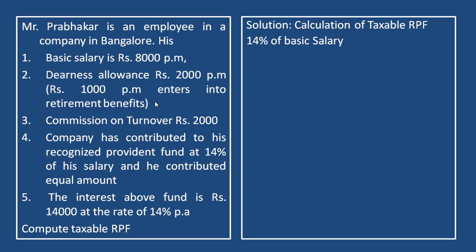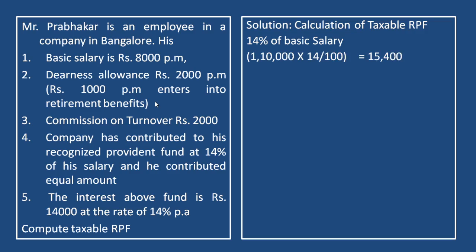Here, basic salary is 8,000 per month, for 12 months 96,000. Dearness allowance is 2,000, of which 1,000 is for retirement benefit, so we have to take only 1,000. 1,000 in 12 months is 12,000. 96,000 plus 12,000 plus commission on turnover of rupees 2,000.